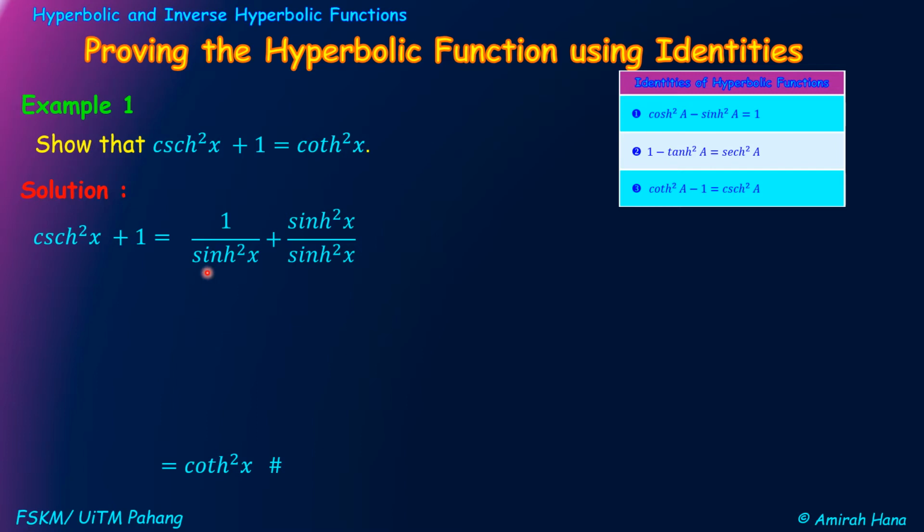Since we have denominator sin squared x, we can write 1 equals sin squared x over sin squared x, so that when we simplify, we get back 1. Then we have the same denominator, so we can combine the denominators. So we can write 1 plus sin squared x over sin squared x.